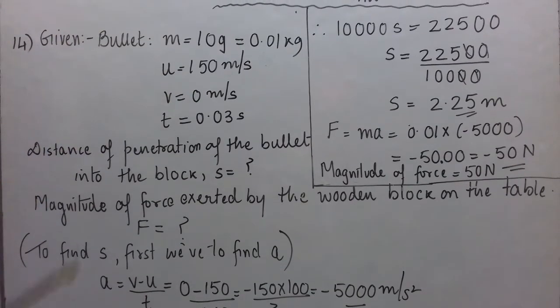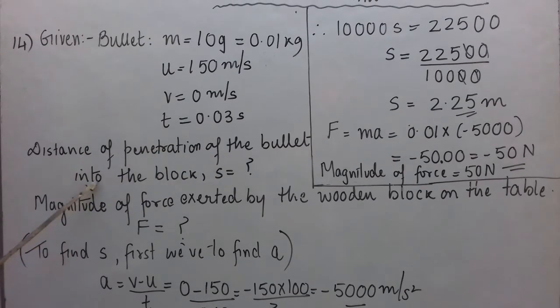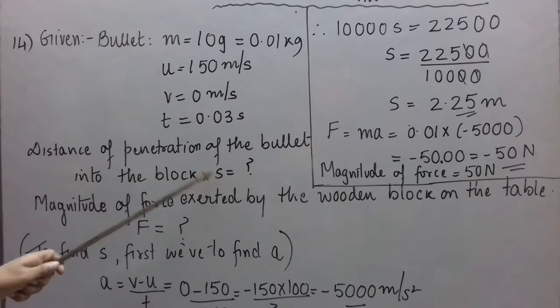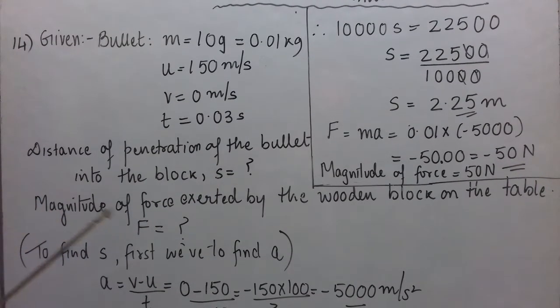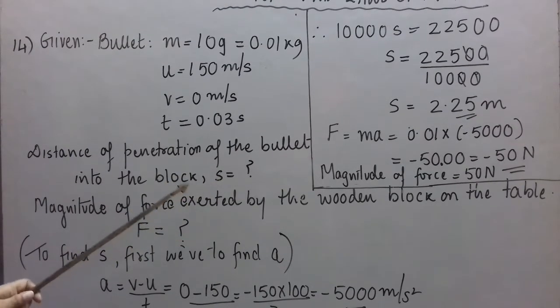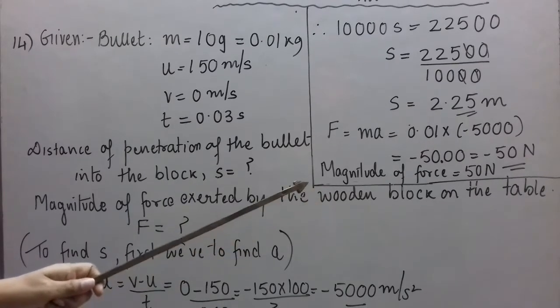Okay. Calculate the distance of penetration of the bullet into the block. So let this distance be s. And also we have to find the magnitude of the force exerted by the wooden block on the bullet. It should be on the bullet, not the table.